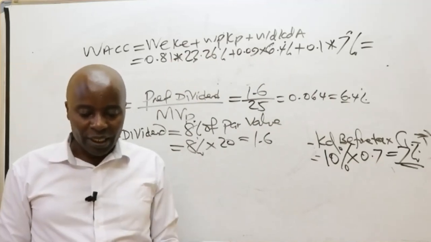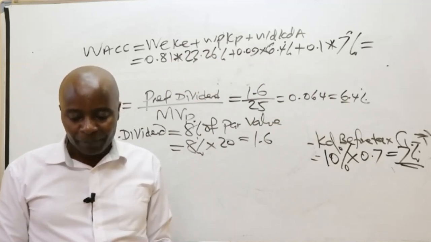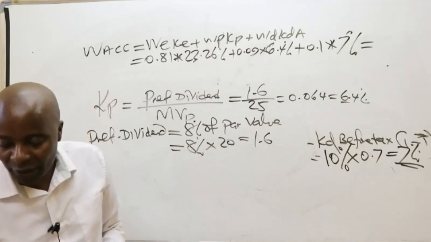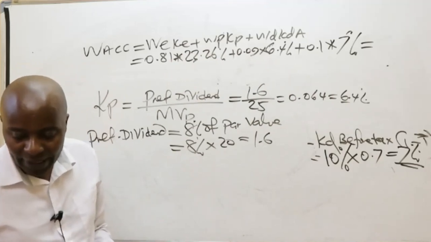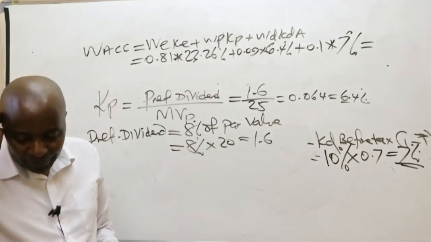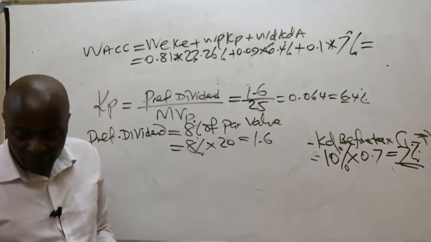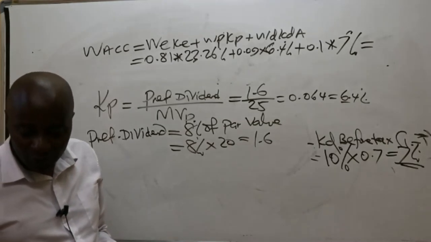What figures are we getting for WACC? As I punch these figures in my calculator, I can see Makeno 19, another one is saying 20.11. 20.11 from Emma. 20.11 from Raymond.